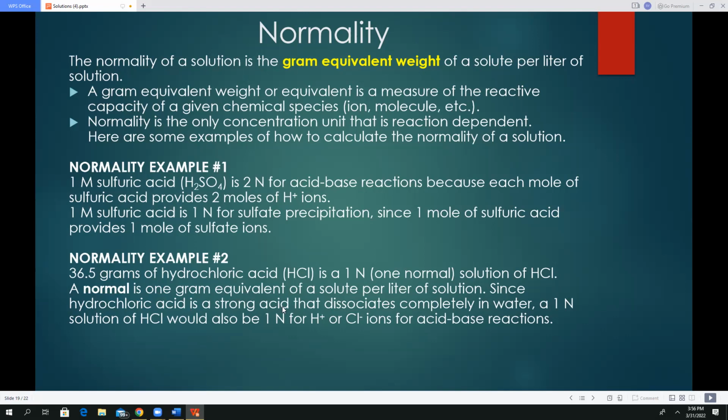Hydrochloric acid is strong and dissociates completely in water, so it would only give you 1 H. Same here for sulfuric acid: it would be 2 normal for the concentration of hydrogen, but 1 normal for the sulfate because you only have 1 sulfate. So that's how it works. Normality is like molarity, but reaction dependent.